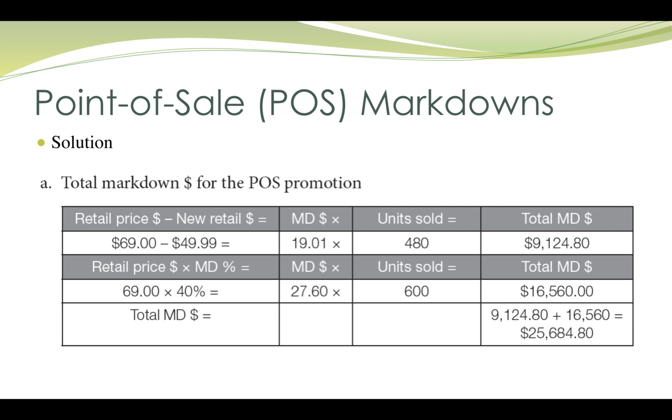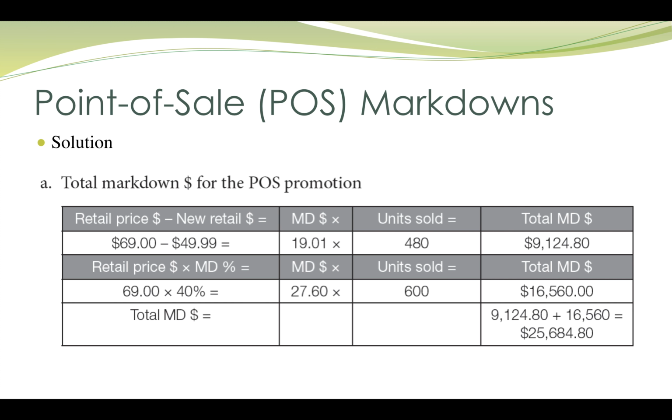So then on, I believe it was January 1st, the leggings that retailed at $69 were going to be discounted at a percentage at 40%. So the markdown dollars were $27.60. This was achieved by multiplying the retail $69 times 40%. 40% as a decimal is 0.40.